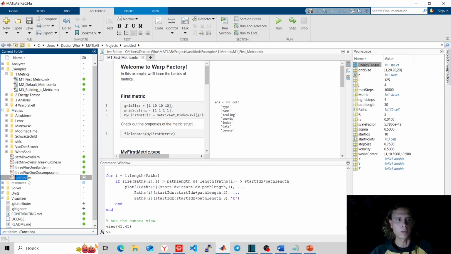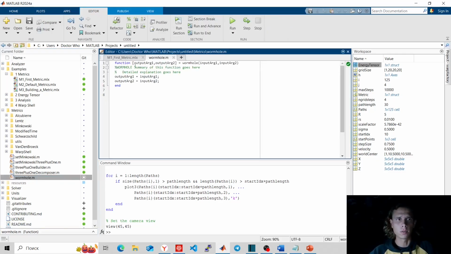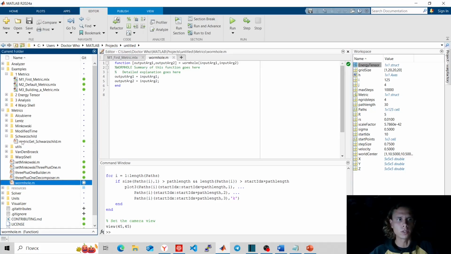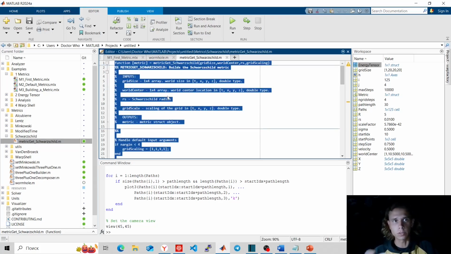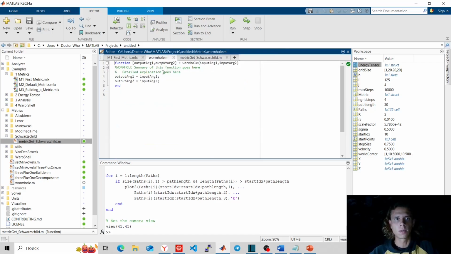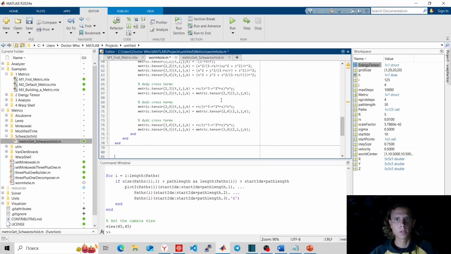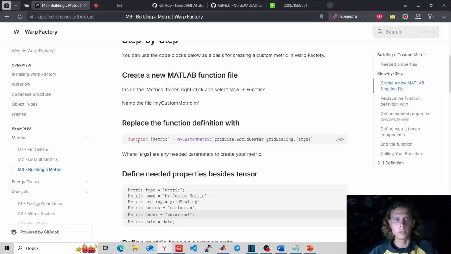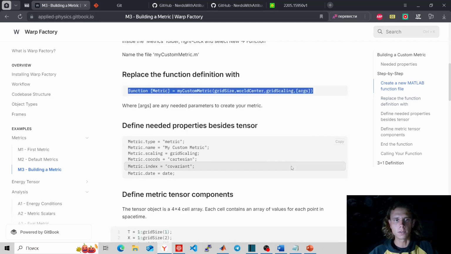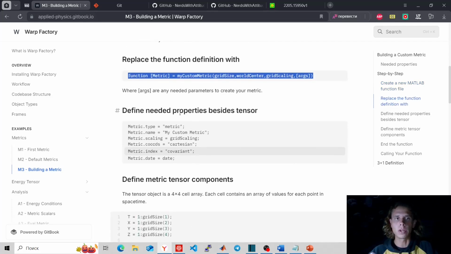So now I have my function and I will call it wormhole, because I want to analyze the wormhole space-time metric. So that's it. Let's, as an example, take the Schwarzschild metric, which is located in our metric folder. I will just copy all of that and paste it right here. You see, you need to replace the function definition and define the needed parameters.